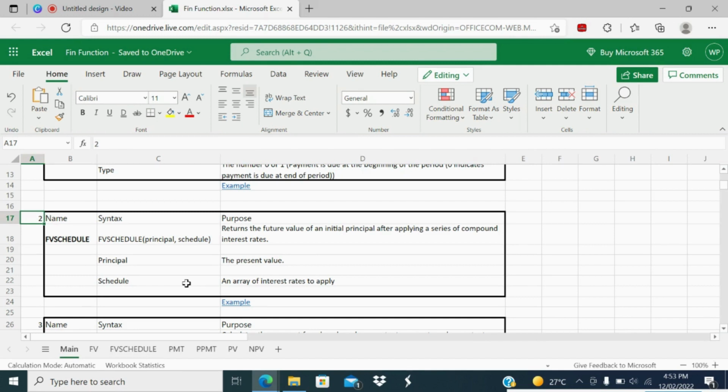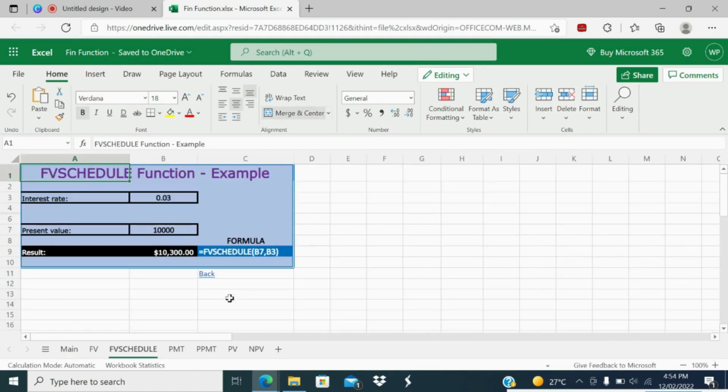There are only two arguments: principal, that is the present value, and the schedule. The schedule here is an array of interest rates to apply. Let me see this function with an example.